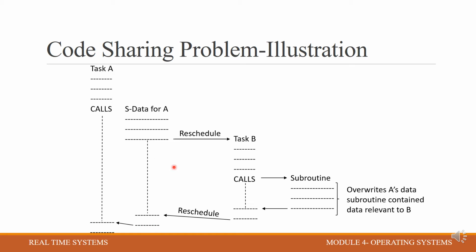So this will end up giving an error output, because the subroutine would contain the data relevant to B instead of the data relevant to A, while task B ends up getting the correct response. This is a common code sharing problem faced when two tasks share the same subroutine S.